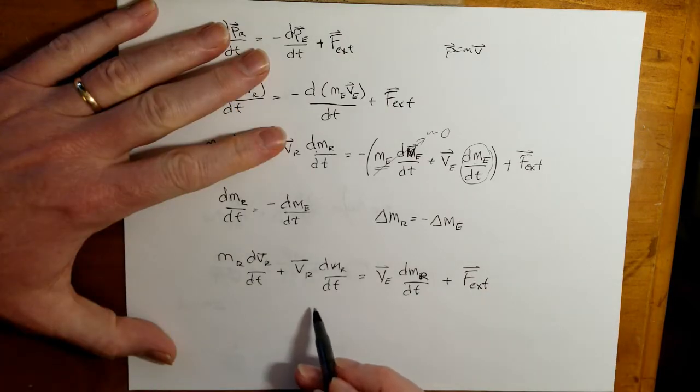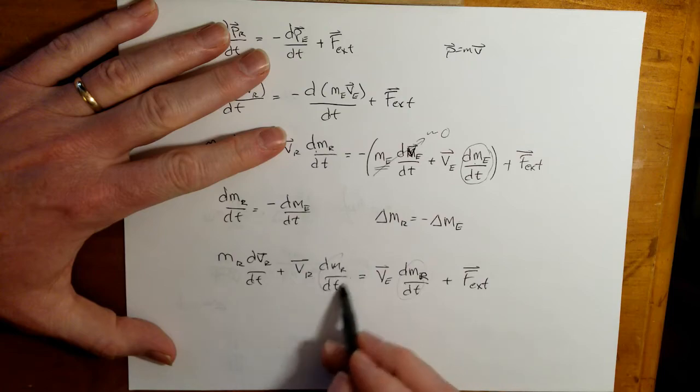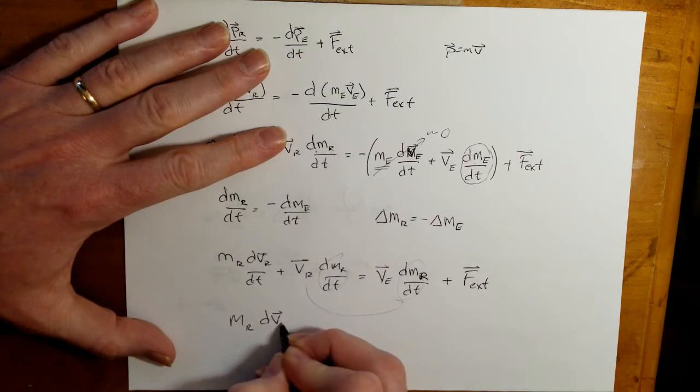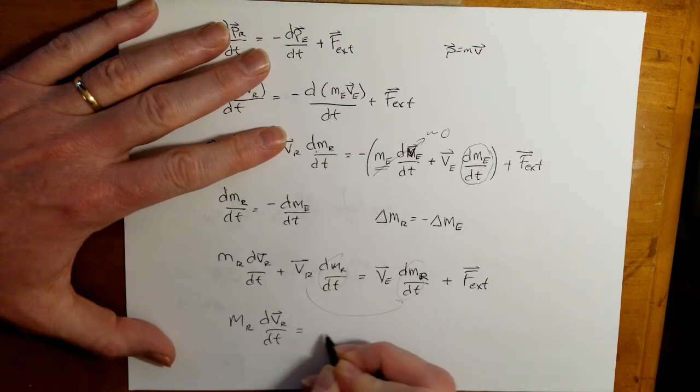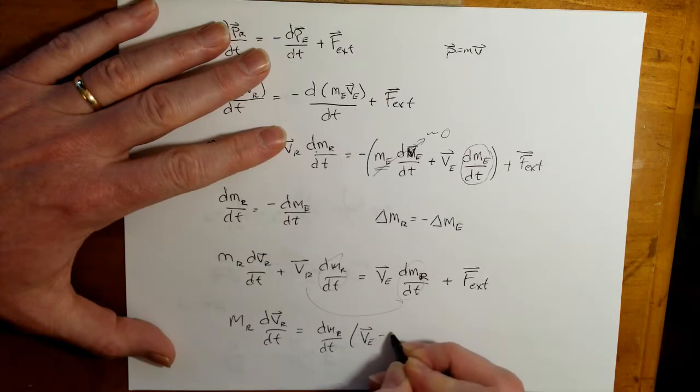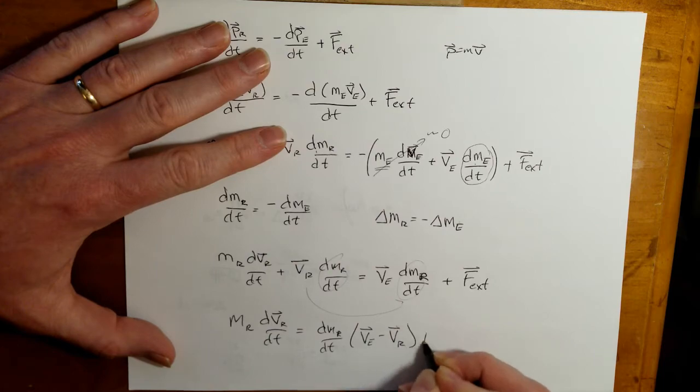If I now have a common thing right here, so I'm going to bring this over. So I have mass of rocket times dv r dt is equal to dmr dt times velocity of exhaust minus velocity of rocket plus this external force.